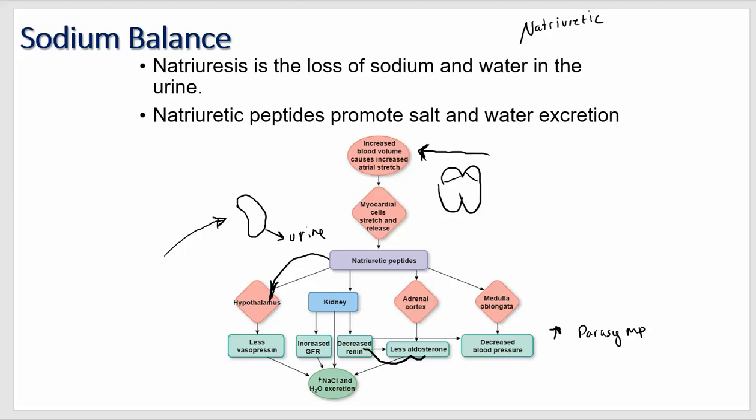The heart has a lot at stake. It knows if there's too much blood, it's got to reduce that. So the ultimate outcome is an increase in salt and water excretion, and decreased blood pressure overall.